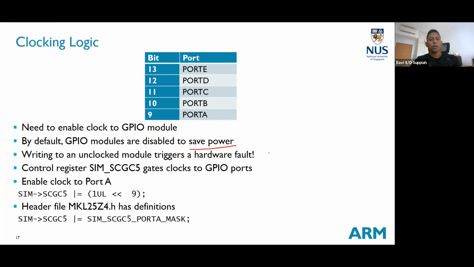So before you start to configure any of the registers associated with any particular peripheral block, you need to make sure that that peripheral block has already been power enabled. There are a few different registers for the different peripheral blocks.